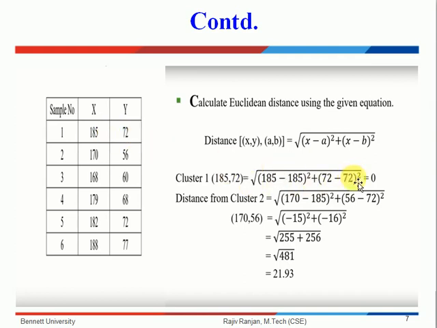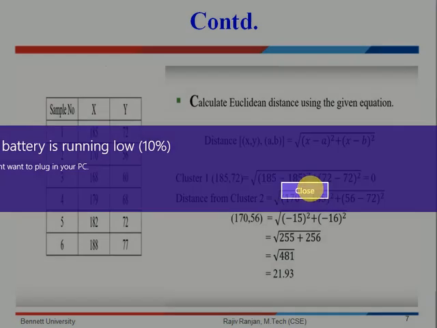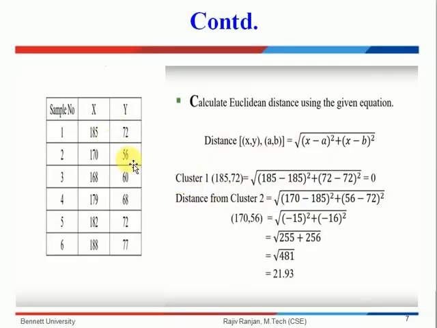And again 72 minus 72, and after computation of this equation we will get obviously 0, right? Now we have to calculate the distance from cluster 1 to cluster 2. So the distance of sample number 1 from cluster 2 will be like this: 170 minus 185 and 56 minus 72, right?